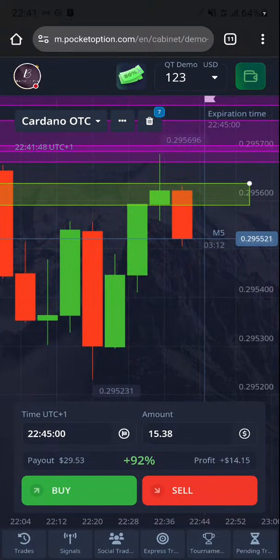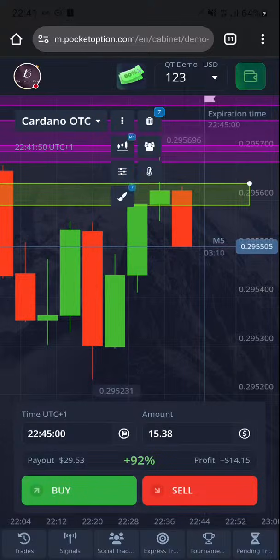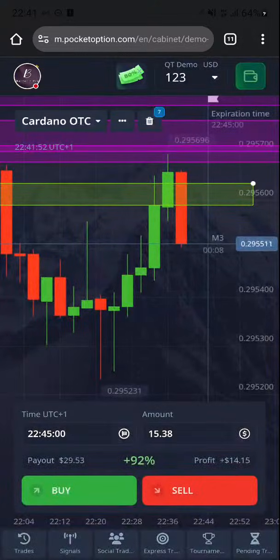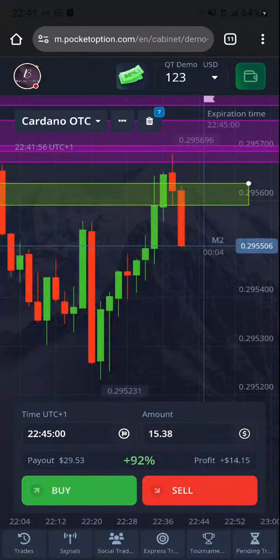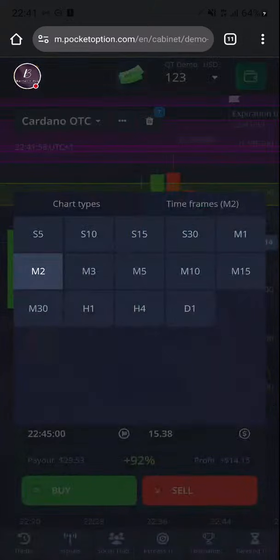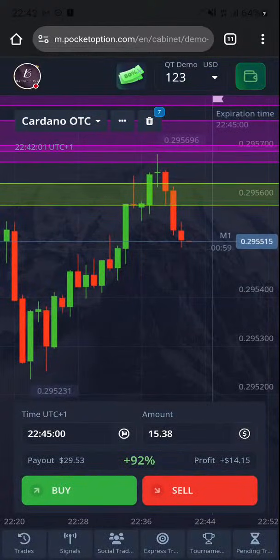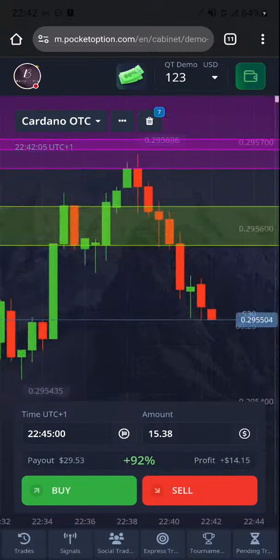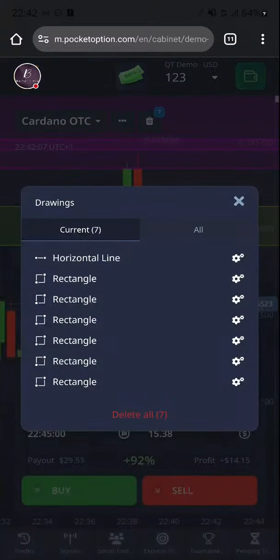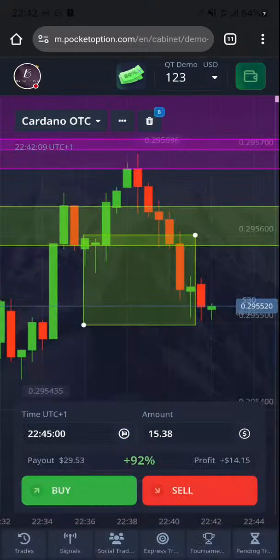Now, if we have an evening star here, I might consider going with the buyers. Let me see if we have a buyer's entry or a supply or demand area that we can take advantage of. Okay, we have a demand area here. That's good.